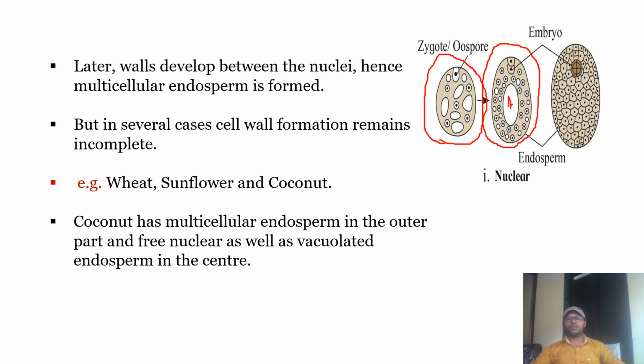Okay, it is incomplete. Here you can see the wall formation remains incomplete. Such endosperm is found in wheat, sunflower, coconut. In coconut, as you are well aware, there is coconut milk. There is a liquid, which we call coconut water. That coconut milk is nothing but endosperm. Which type of endosperm? Nuclear type of endosperm.